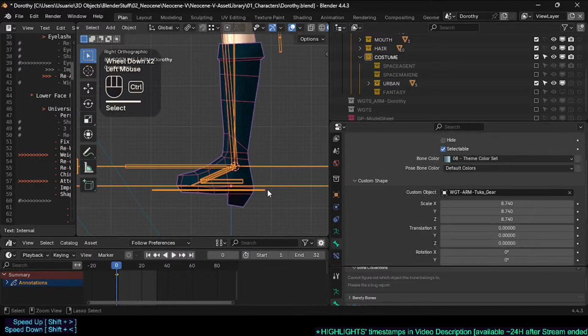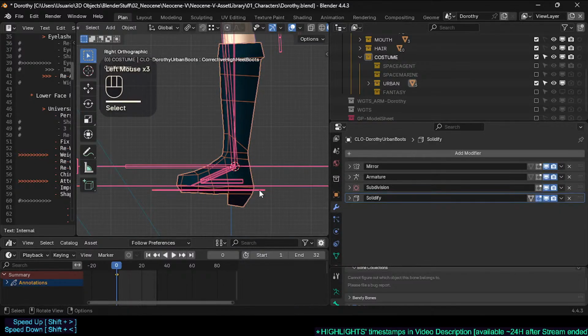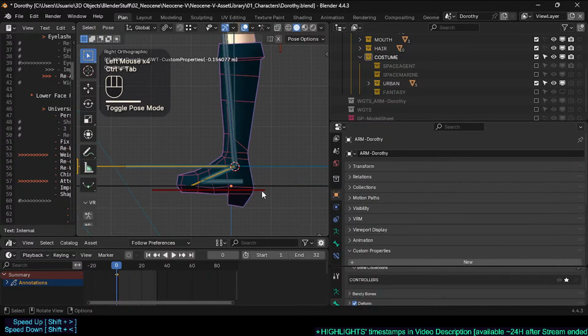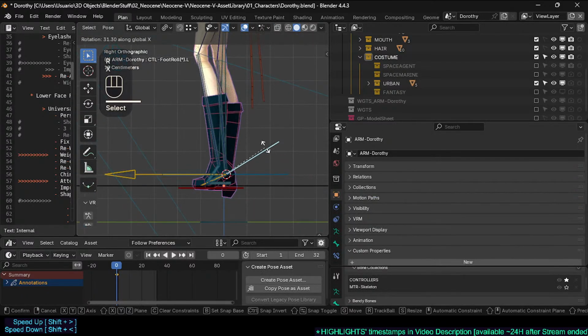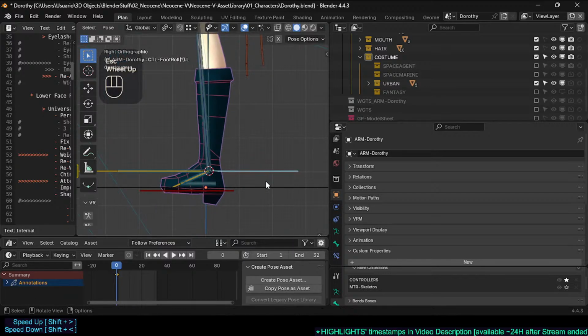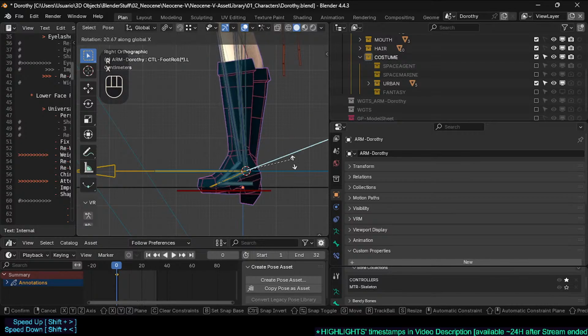But the boots have the armature modifier, right? So as soon as I get, it was weight painted, although sort of wrongly weight painted, but it still deforms well, right?